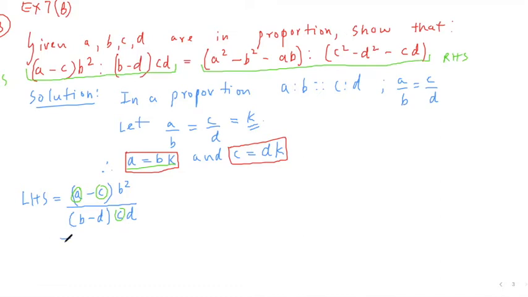So that means it will be BK minus DK into B squared, divided by B minus D into, instead of C, DK into D. So all I've done is a simple substitution, no magic or anything there. These three things were substituted.